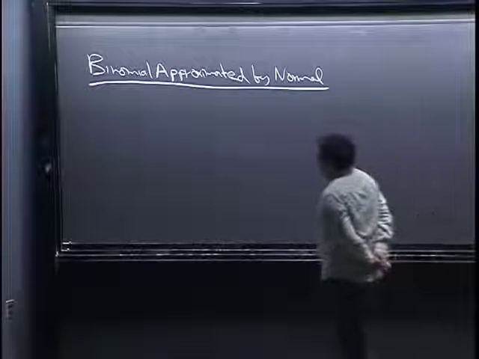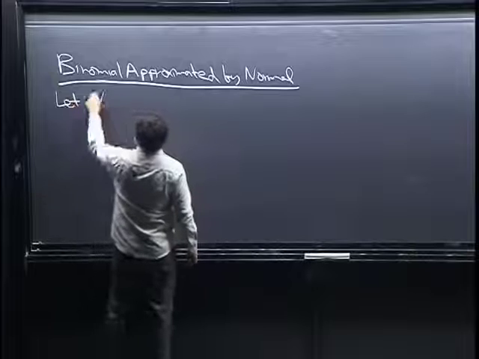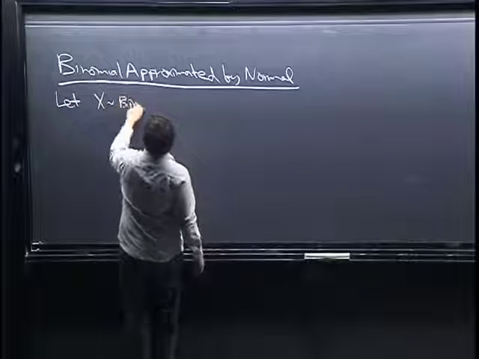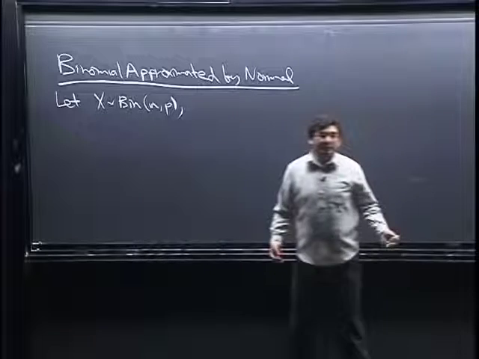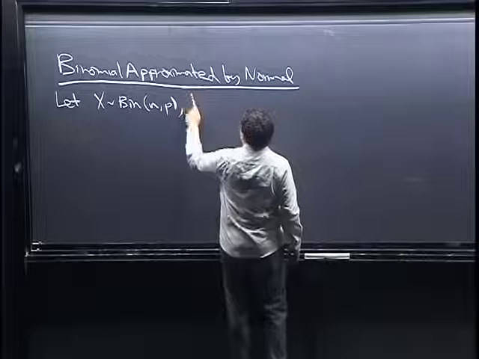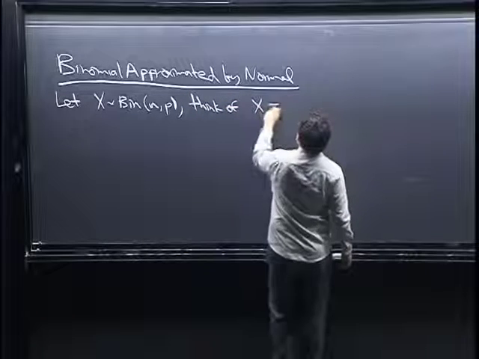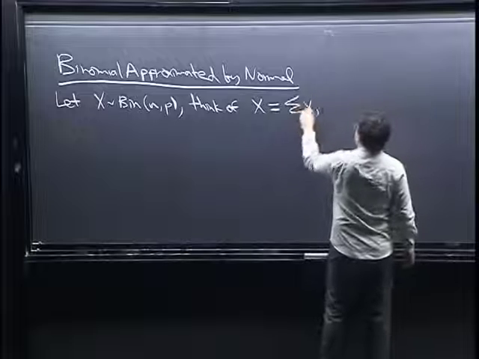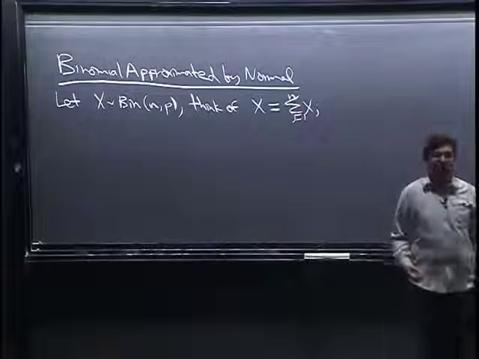Okay, so let X be Binomial(n, p). And as we've done many times before, we can represent X as a sum of IID Bernoullis: X_j is 1 if success on the jth trial, 0 otherwise.